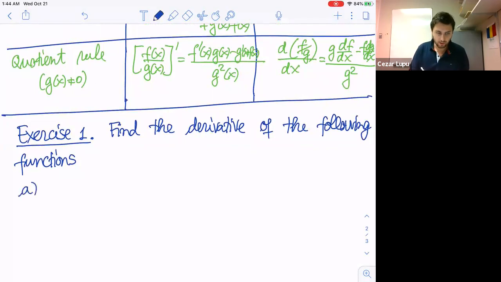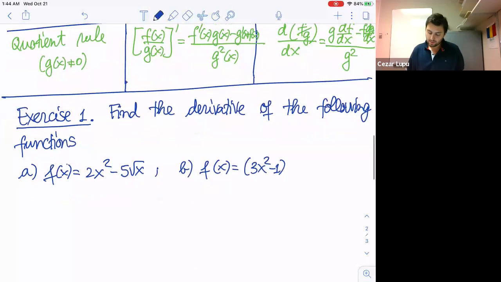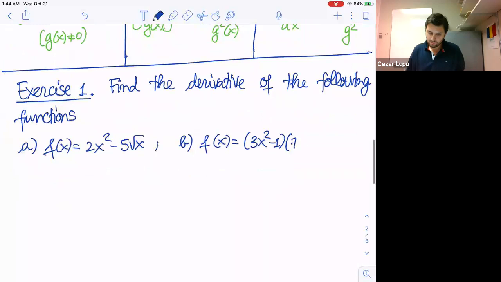The first one, a, will be f of x equals 2x squared minus 5 square root of x, right? B, f of x will be 3x squared minus 1 times 7 plus 2x cubed, right? Let's see what other examples.